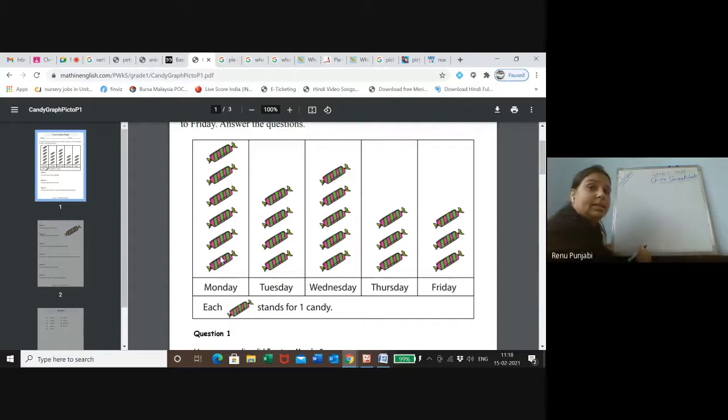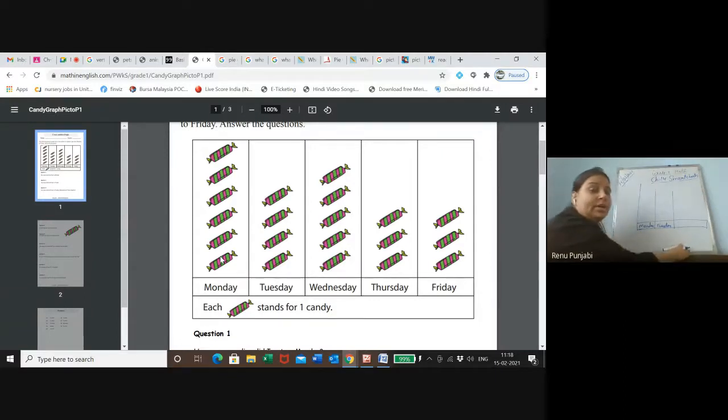So on Monday, it is drawn vertically. So Monday, then Tuesday. I will always remember the names. If there are fruit names, the fruit names will come horizontally.